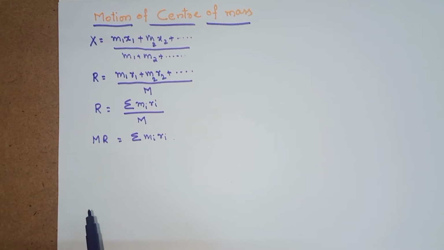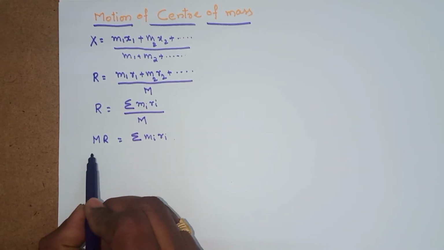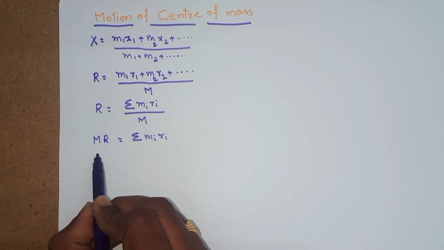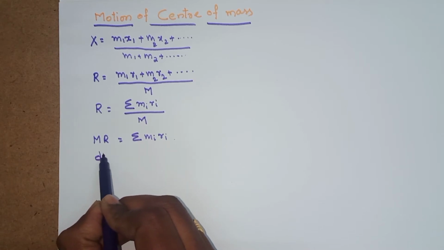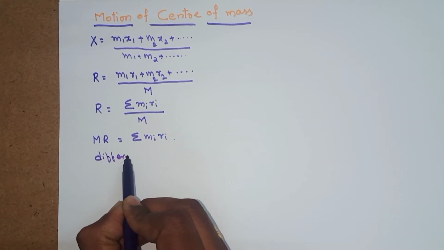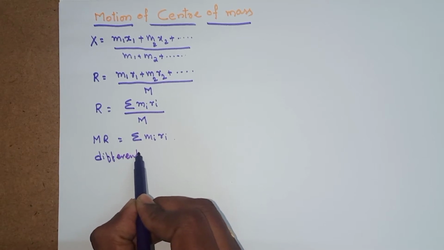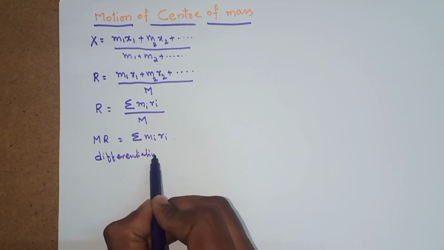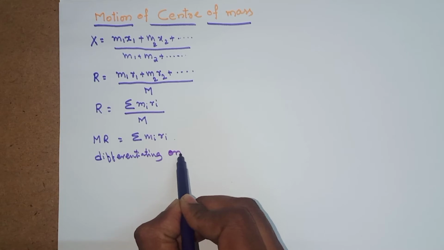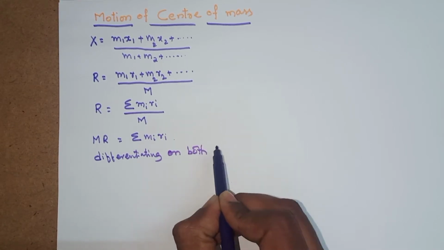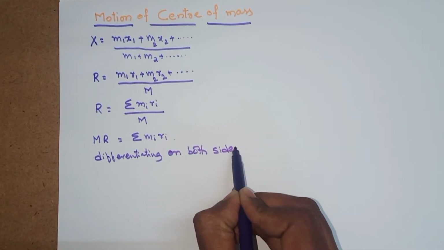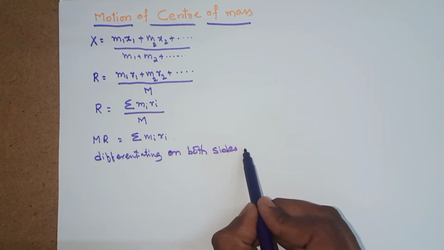So how to do that? We will take the derivative, differentiating on both sides with respect to time.